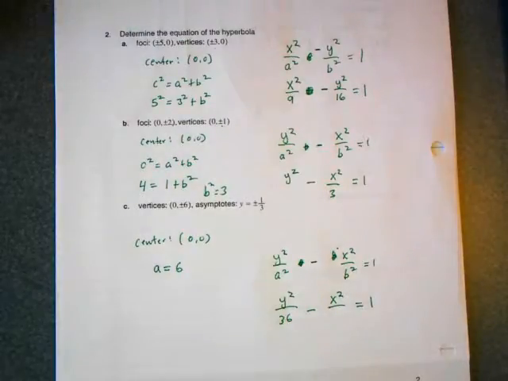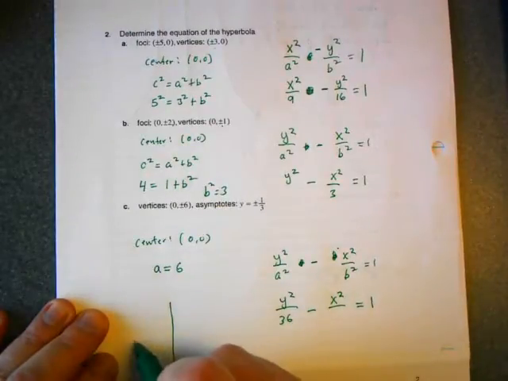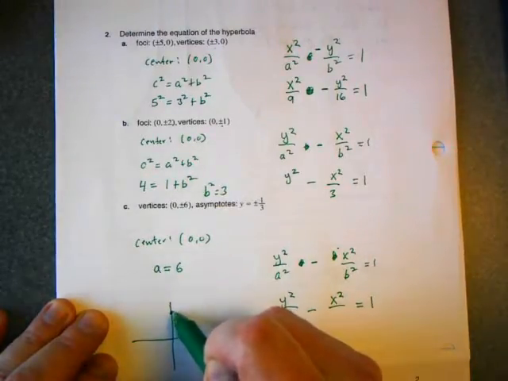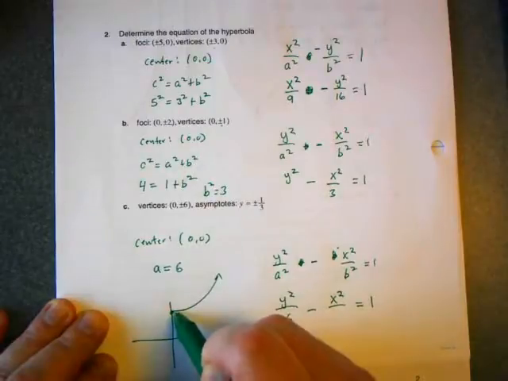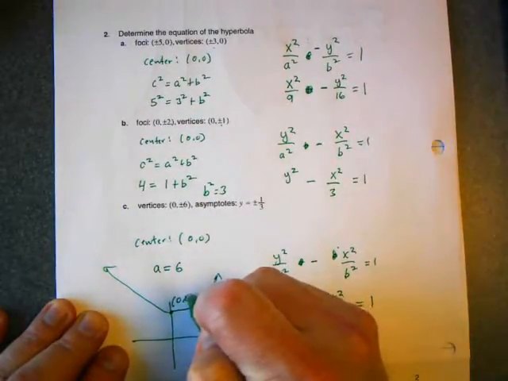How am I going to figure out the B number? All right, so again, I think I would draw a really quick picture here. This is 0, 6.